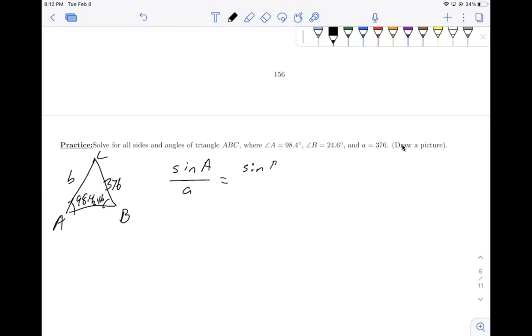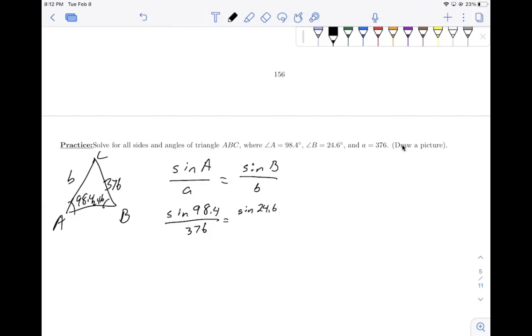But since I'm given angle B, I'm going to start out solving for side B because I don't have to do a step beforehand. I'll get the same answer if I solve for side and angle C first, but I don't know those yet, so I can wait.